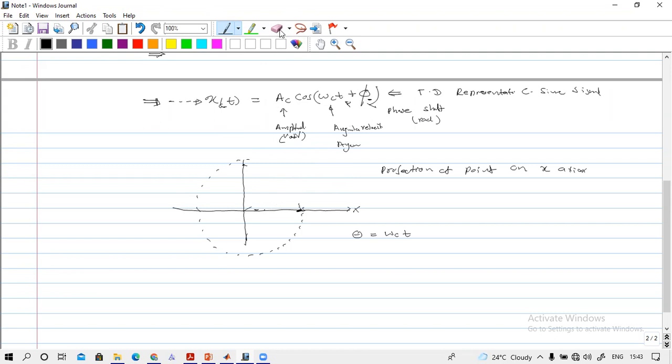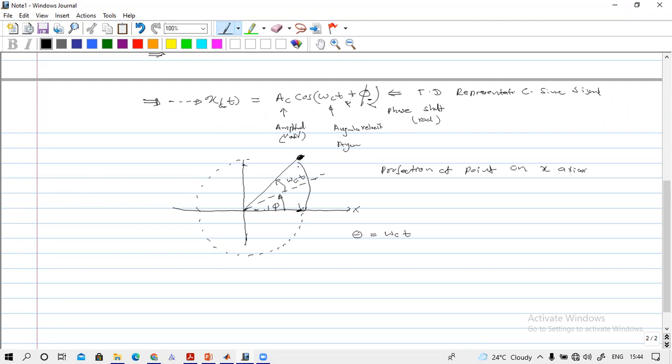And after t time, it will take another angle from here to here, so it may be ωct, where ωc is the angular velocity. So now the point is here, and this is the position of the point.